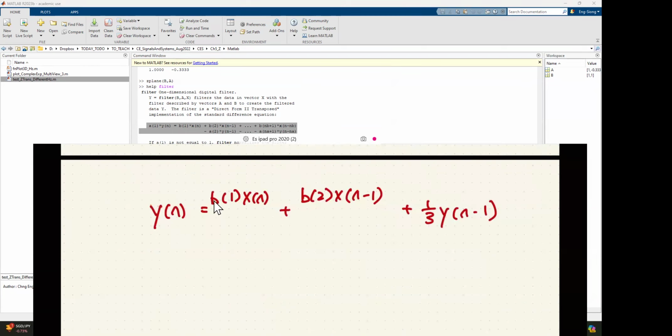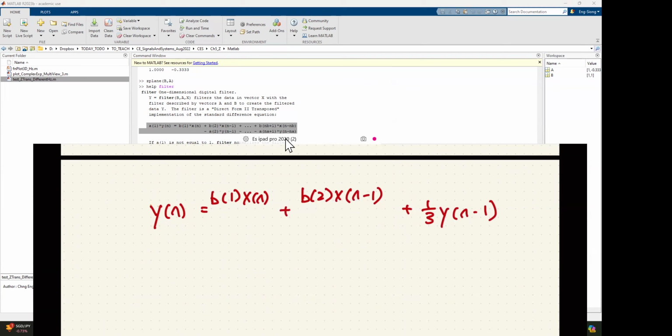Can you see? B1, the first element, is multiplying x[n]. B2 is multiplying x[n minus 1]. And we are adding. And then now look, he's going to say minus A2. Oh my God. That's why the notation is very, very confusing when you are reading MATLAB code.